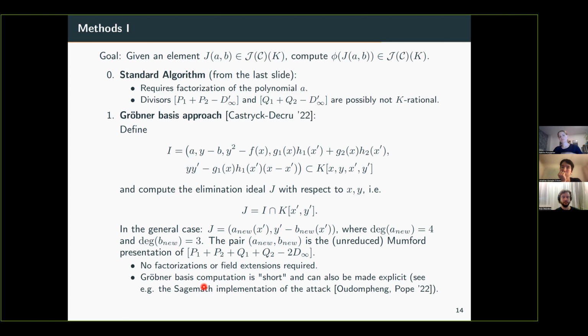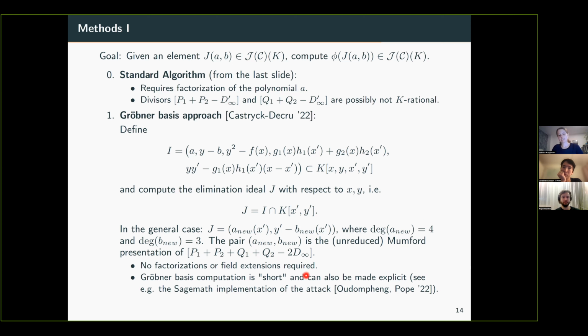So recall that with the previous approach, we didn't get the reduced presentation of our divisor, but we found 4 different points, P1, P2, Q1, Q2. And so now those 2 polynomials A and B represent exactly this divisor with 4 points in its support. So the last step of this approach would then still be the same as before, that we need to apply such a reduction algorithm.